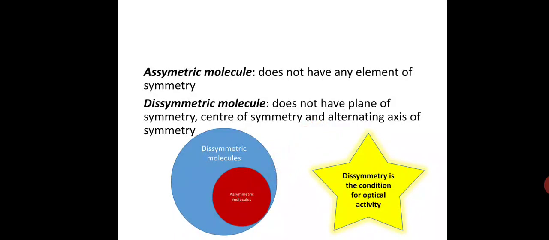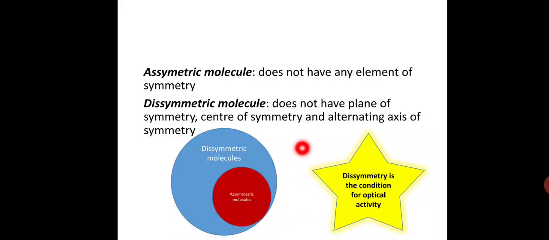So all dissymmetric molecules will be optically active, and asymmetric molecules will not have any plane of symmetry, center of symmetry, or alternating axis of symmetry, so they will also be optically active.